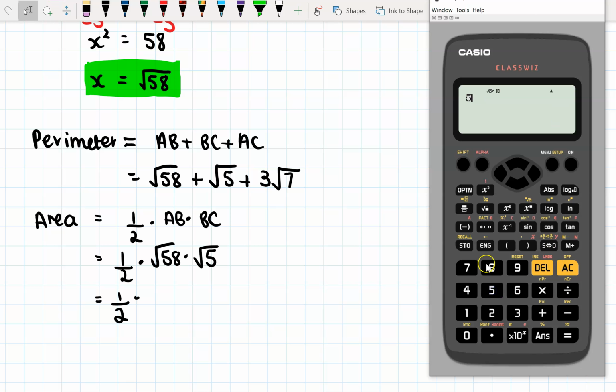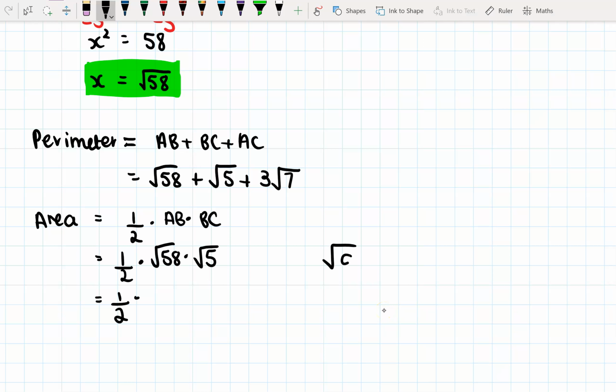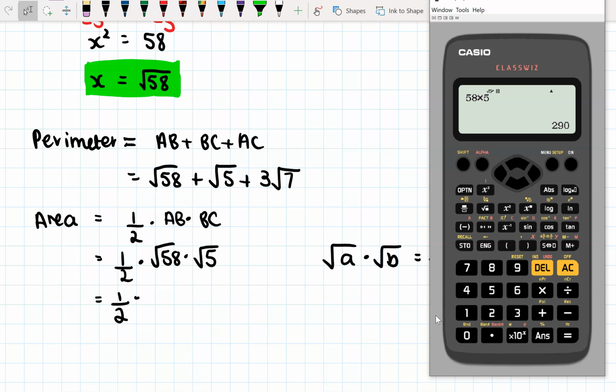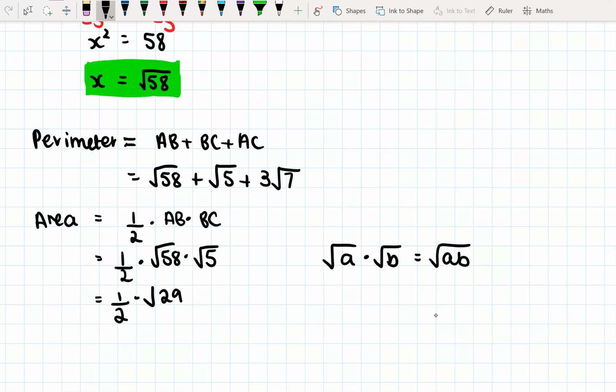So let's do 58 times 5, because we know our rule here: the square root of A times the square root of B is equal to the square root of AB. So we can just multiply those together. From what we had on the calculator, 58 times 5 is 290. So it's half times the square root of 290.